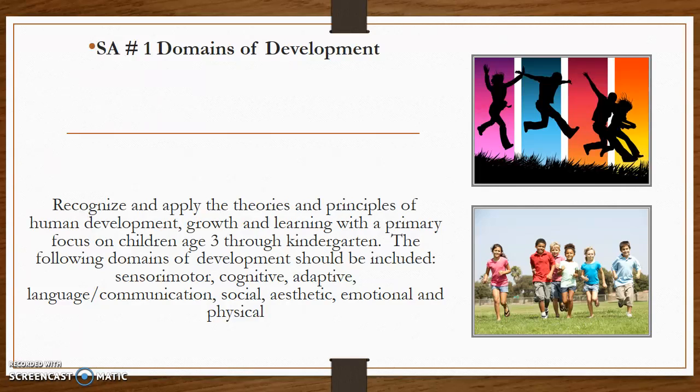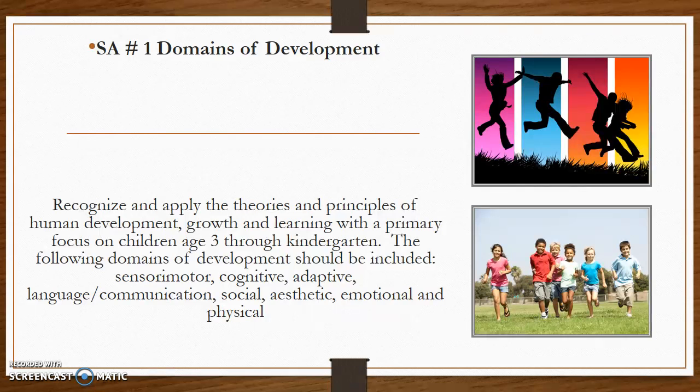For the first skill set, recognize and apply the theories and principles of human development, growth, and learning with the primary focus on children aged 3 through kindergarten. The following domains of development should be included: sensory motor, cognitive, adaptive, language, communication, social, aesthetic, emotional, and physical. The domains of development project worked hand in hand with this goal.